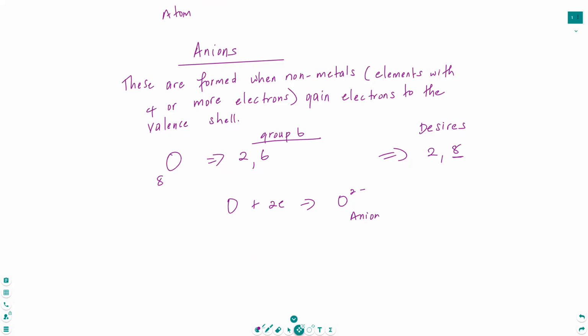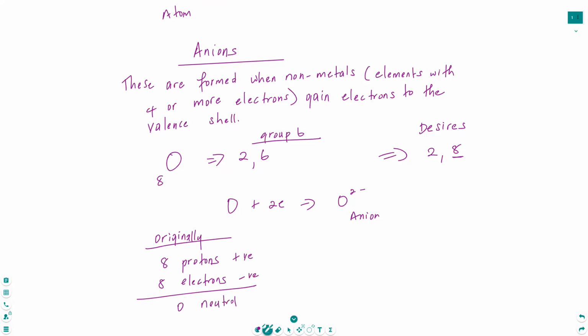All right, so now why does it develop a negative charge? If we look at what was there originally, if we had 8 protons, we would have also had 8 electrons, okay? And that would have meant that the positive charges would have canceled the negative charges. It would have been 0 and the atom was neutral. But it gained electrons.